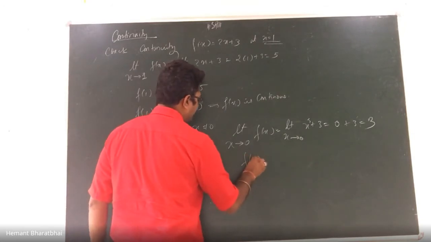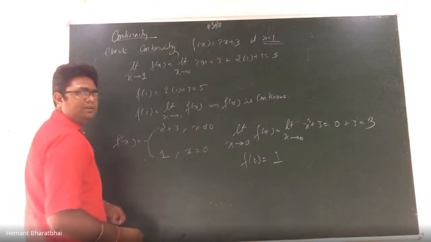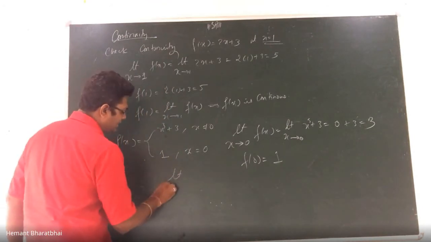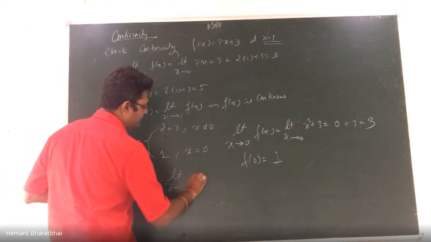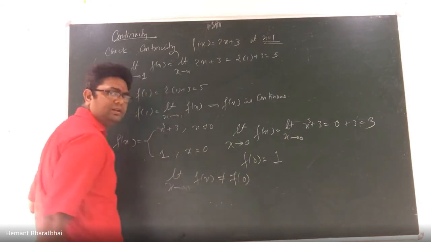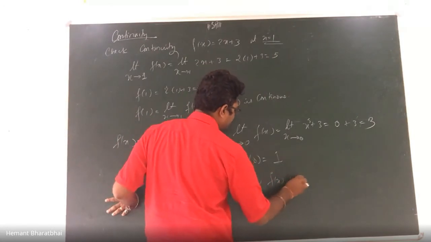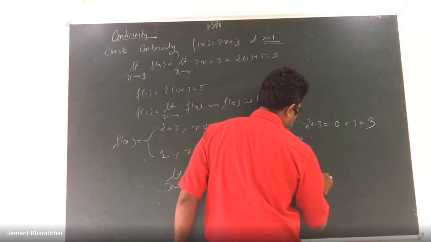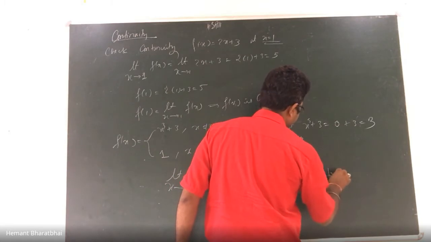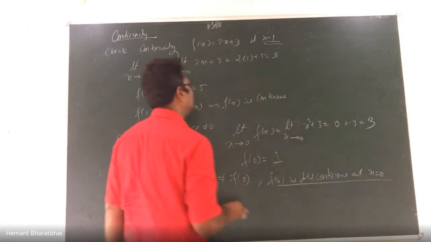And f of 0, when x is equal to 0, the value is given as 1. So we can see that my limit of x tends to 0 f of x is not equal to f of 0. Hence, my function is discontinuous at x is equal to 0.